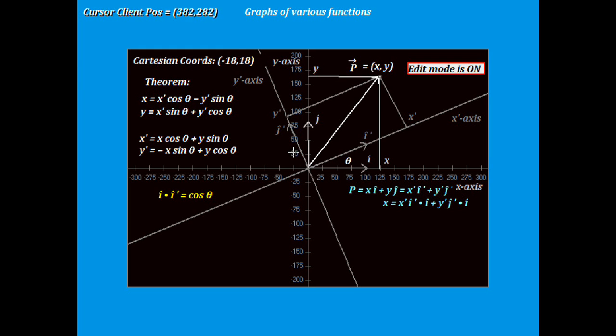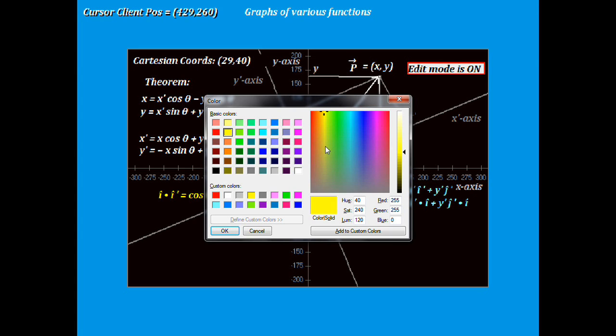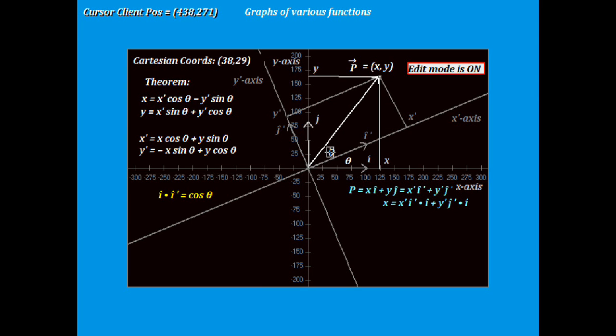Okay, what about j prime times i? That's what we need here. We should also note that the angle between these two axes here is the same as this. It's easy to show. That's the only bit of geometry you need.